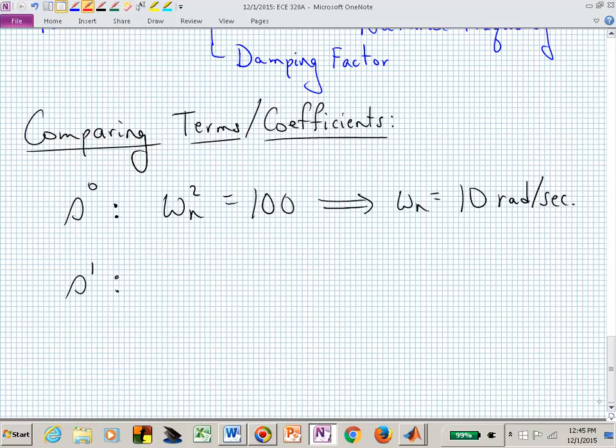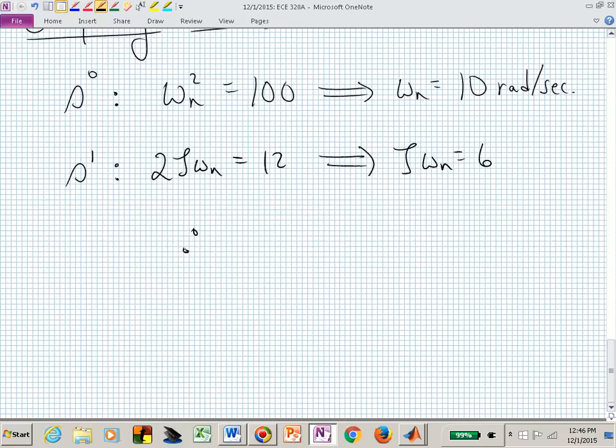S to the 1 in this case says that we have 12. So now we have 2 zeta omega sub n equaling 12. Or if we divide out the 2, we see that zeta omega sub n is equal to 6, or our damping factor, or damping ratio, zeta, is now 6 over omega sub n, and we just found omega sub n to be 10, so that's now 0.6.